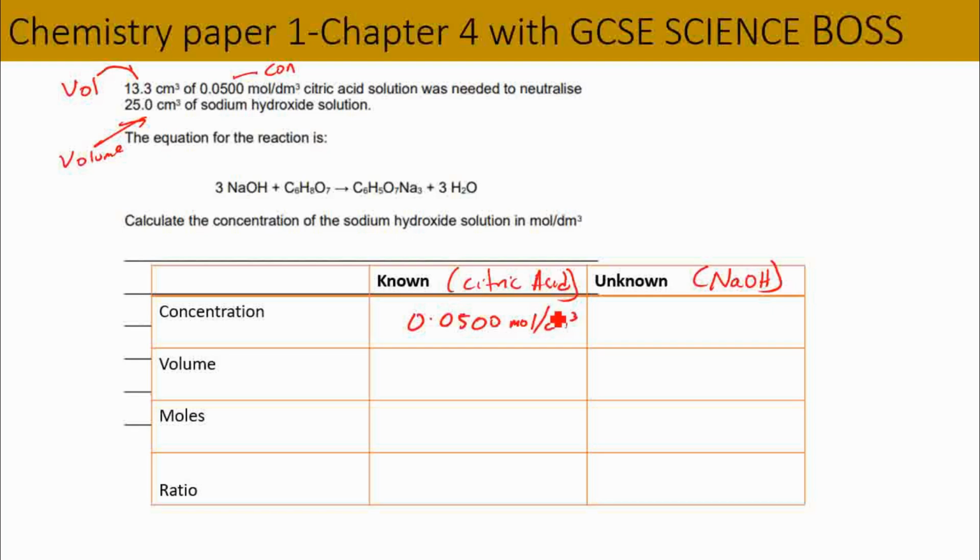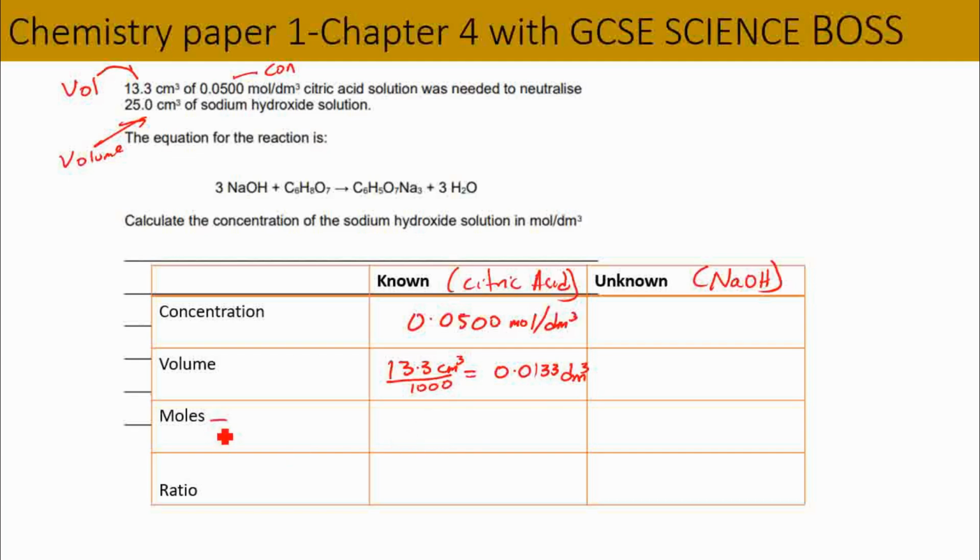And then what's the volume? The volume is 13.3 cm cubed, but we need to change that to dm cubed. So it's going to be 0.0133. How do I know that? I divide by 1,000. That's now dm cubed. Very important that we change to dm cubed.